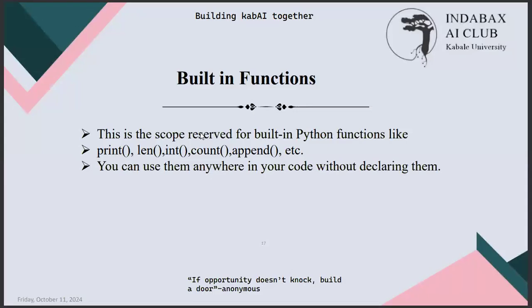We have what we call built-in functions. You must have seen these ones already. The print function, the one you interacted with first when you started programming, is a function, because it is not just by magic that you write print this and then it prints for you. There is a code running behind that print function.